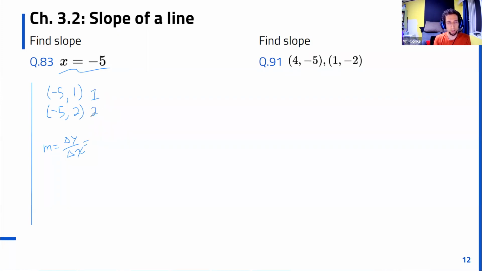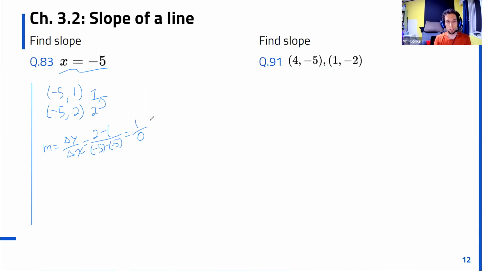So our change in y going from 2 to 1 is 2 minus 1. That's our difference. And then for the other one, we have -5. Change in x is no change, but let's just write it out formally here. 1 over, and we will get a 0 on the bottom.